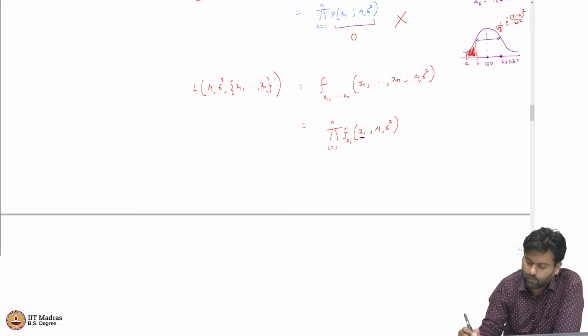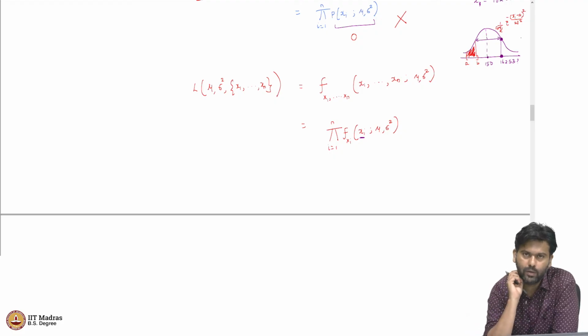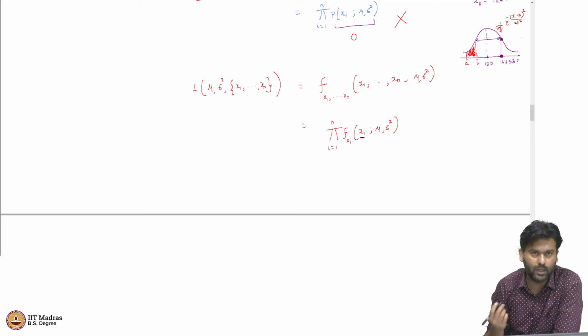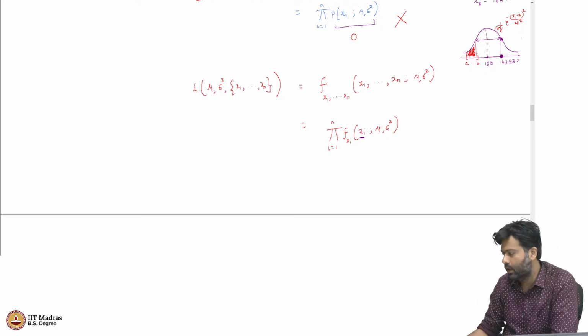So, I am not asking for the probability of seeing this point, which is 0, but the value that this point takes as given by the PDF is not 0, right. So, that is some non-zero value. It may not even be between 0 and 1, but it is some non-zero value that I can use as a proxy in some sense for the probabilities, right. So, that's the proposal of Fisher.